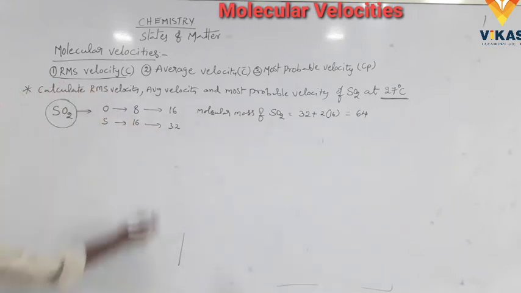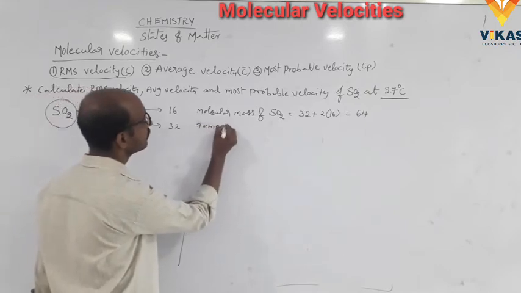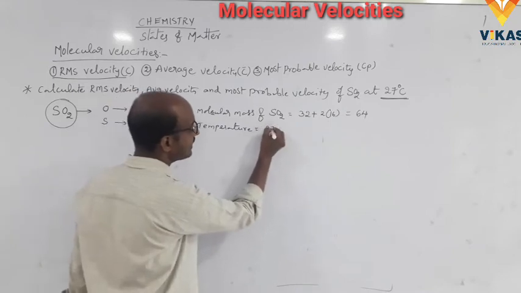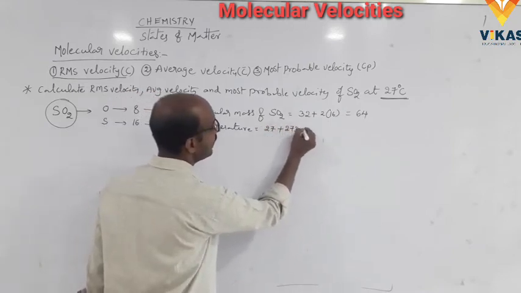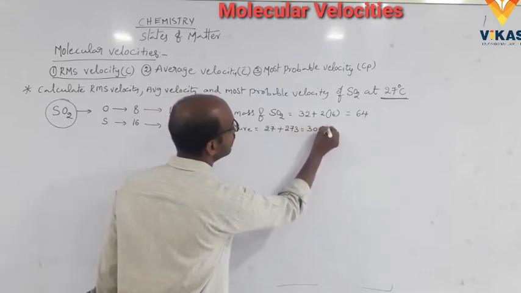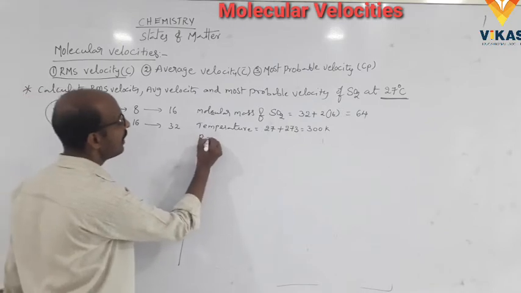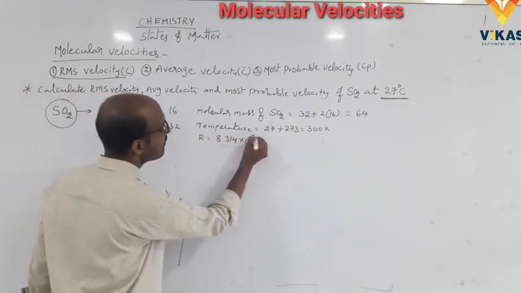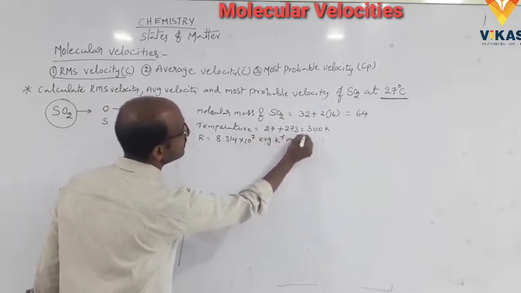Okay, and the given temperature is 27 degrees. Converted into Kelvin, 27 plus 273 equals 300 Kelvin. We know the R value. What is the R value? 8.314 into 10 to the power of 7 ergs per Kelvin per mole.